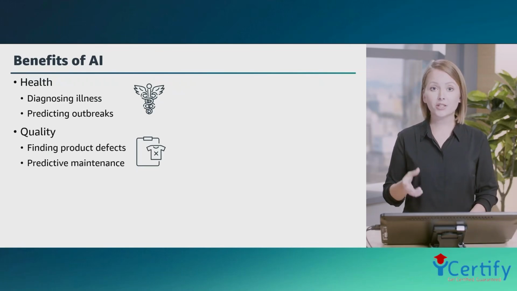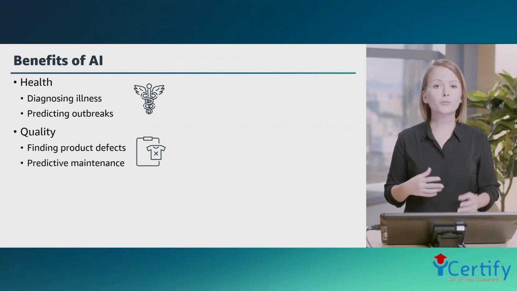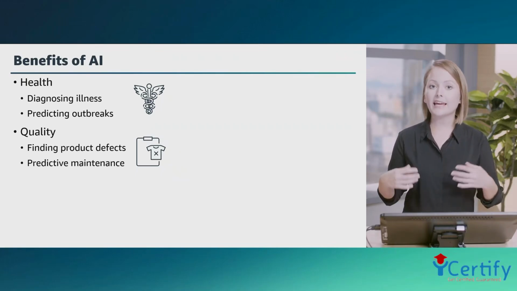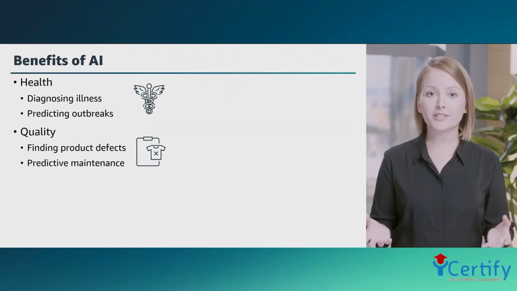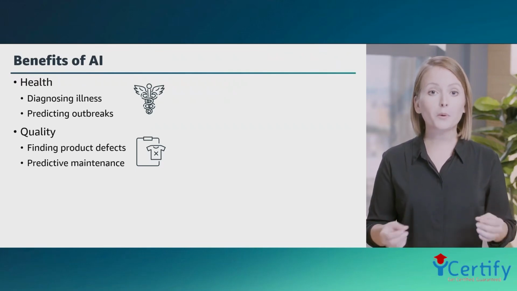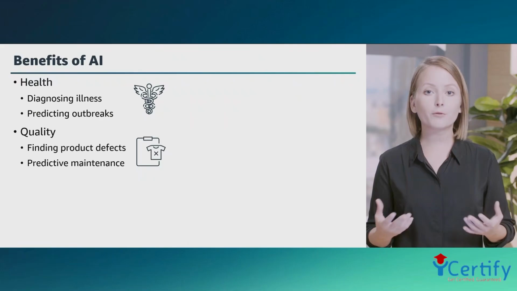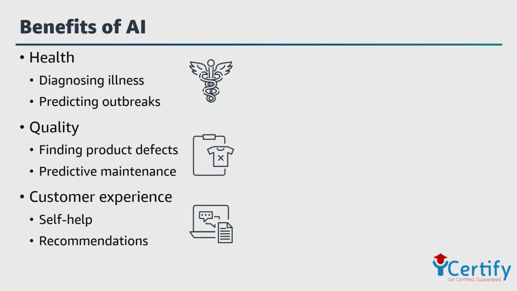Manufacturers, such as Koch Industries, use AI with computer vision to monitor assembly lines and maintain product quality. They also monitor sensor data to predict when equipment needs maintenance before it fails. Customers have easier access to product and support information with chat and search systems that can recognize their language and direct them to solutions.